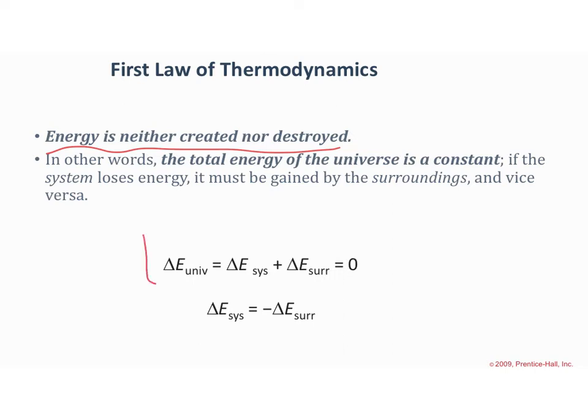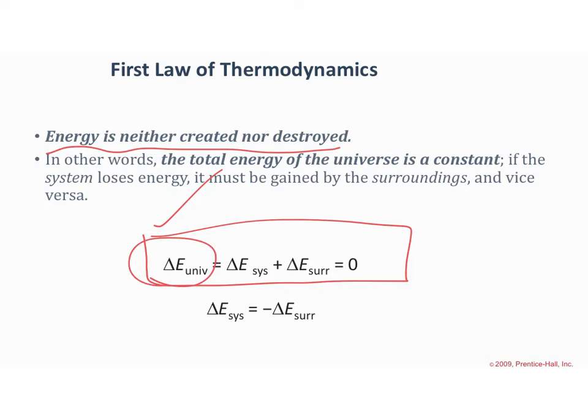And so how we express that mathematically is this, that the total energy of the universe is the sum of total energy of any system you're looking at, and the systems we'll be talking about we'll define as chemical reactions, plus the energy of all of the surroundings, okay? And that overall there can be no net change in the total energy of the universe.